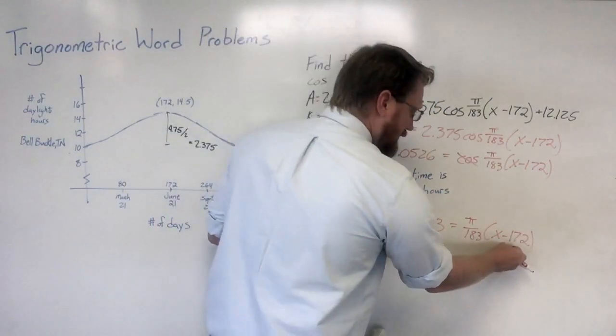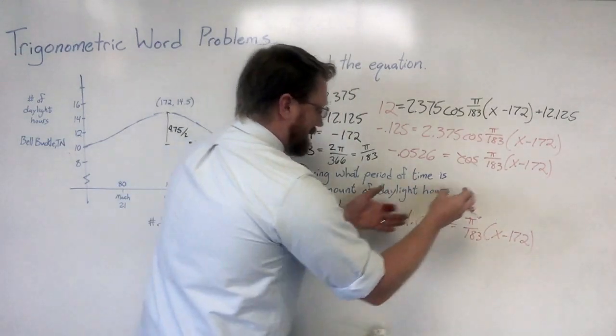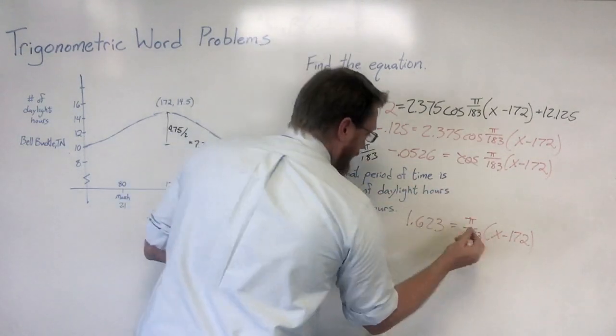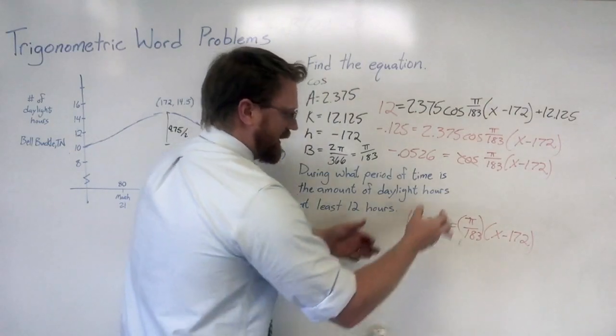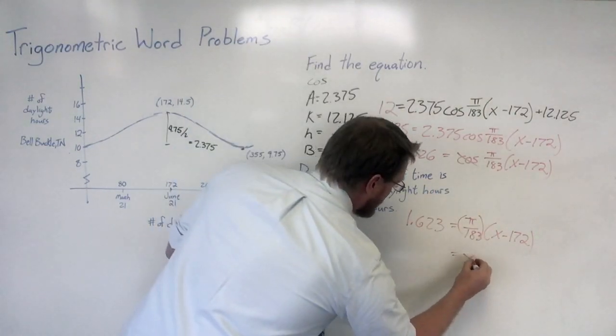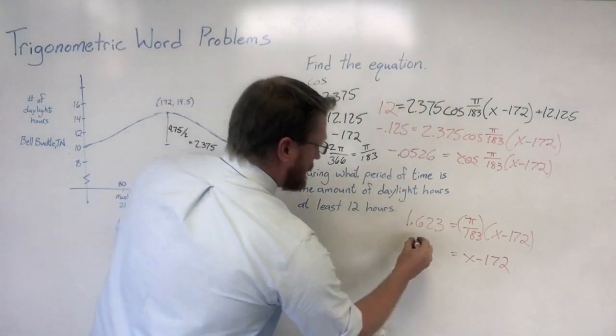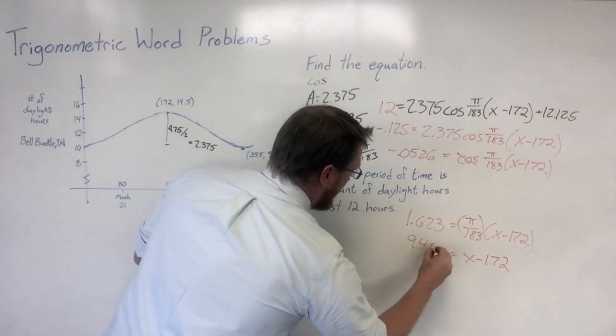So because these are in parentheses, this multiplication would be the next weakest thing and have to be divided. I'm dividing by pi over 183. If I plug that in the calculator, I got to divide by that whole parenthesis fraction there. And so x minus 172 is going to equal, on this side of the equation, 94.57.